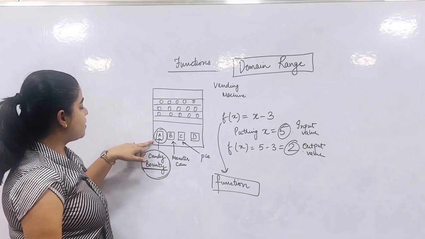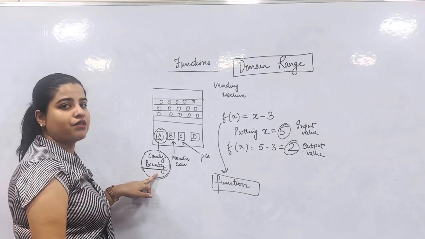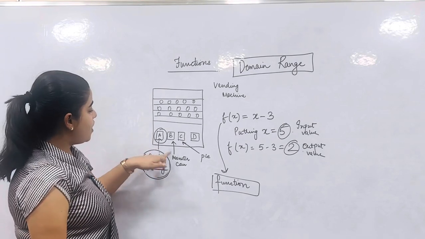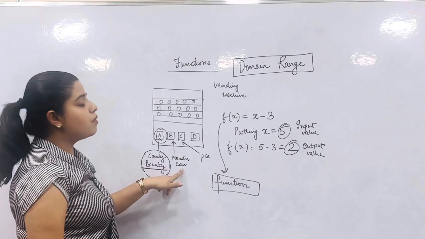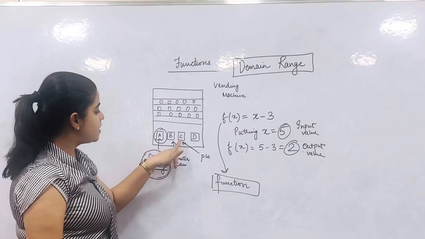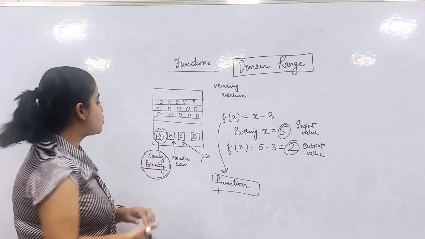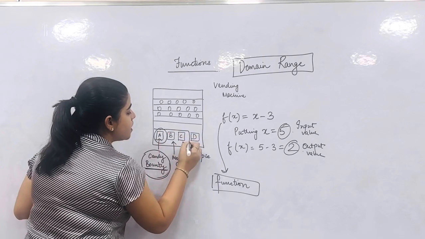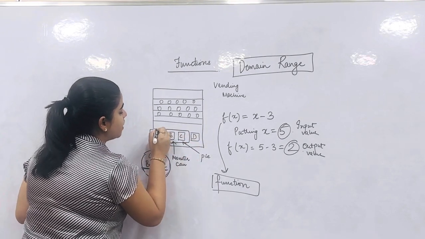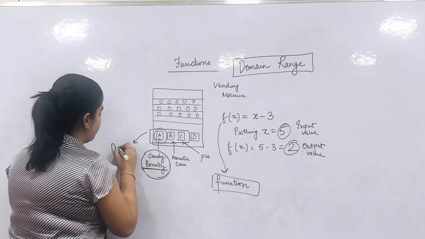When you're pressing button A, you're getting a Bounty. When you're pressing button B, you're getting a Monster can. And when you're pressing C, you're getting a pie. So, the input values that you're putting inside the function are known as your domain.